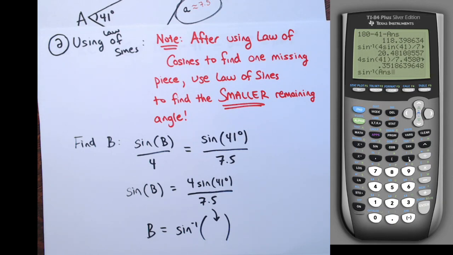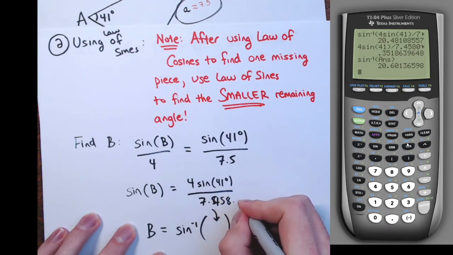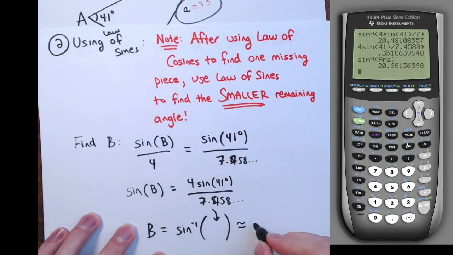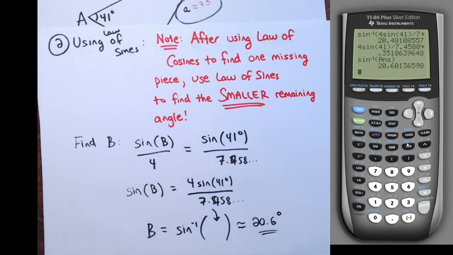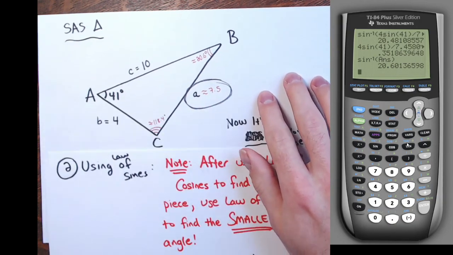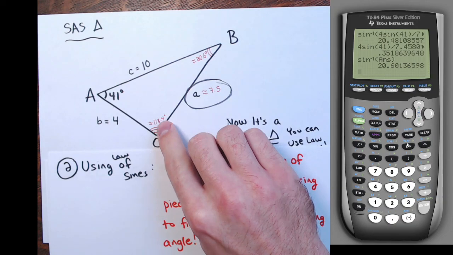This should be more accurate. You see 20.6, that's much better. So really I used 7.458, the more accurate answer, and that gave me the 20.6 degrees that I wanted, which was what we found earlier using the law of cosines. And once you know that's 20.6, you'll know that's about 118.4 and you're done.